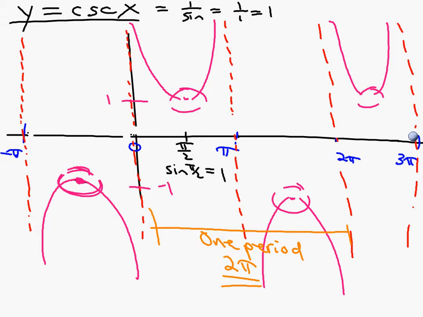Okay? So let's graph secant now, and you're going to see that secant operates the same way. Work in black here to start. Y equals secant of x. So here we're going to graph what first? Cosine. So here we'll graph cosine first.